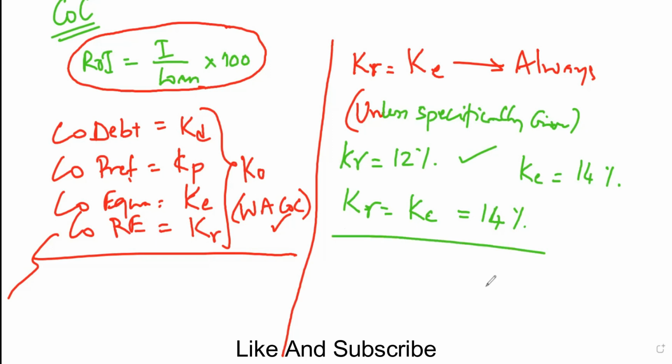So if KR is given, take that; if KR is not given, take KE. Right? This is in Hindi. If the exam specifically gives KR, take that; if not, take KE as KR. Whether or not they say it, KR is equal to KE, because retained earnings belong to equity shareholders. Is that point clear?